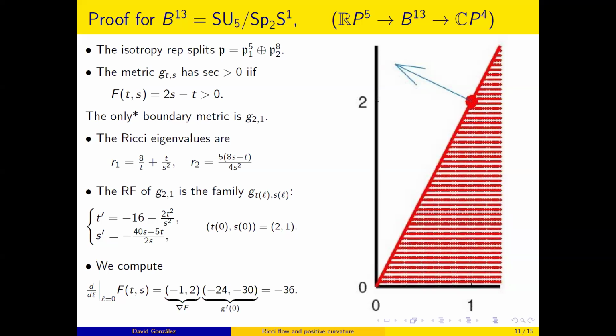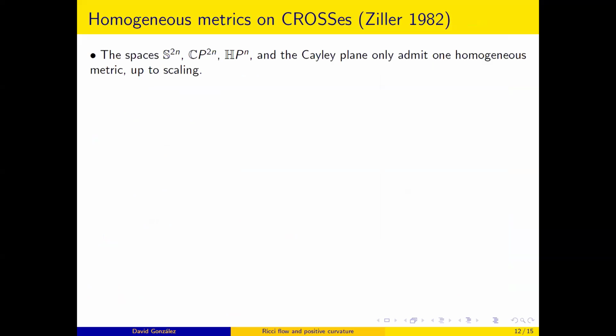Okay, this is for the Berger space, but I want to say something also about the spheres. Let me review the homogeneous metrics on spheres and projective spaces. They were classified by Ziller.